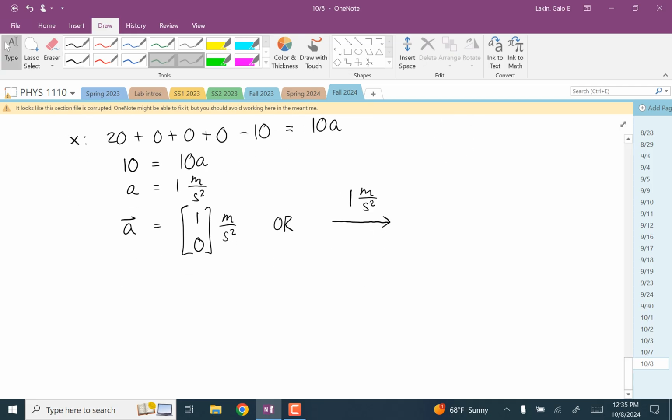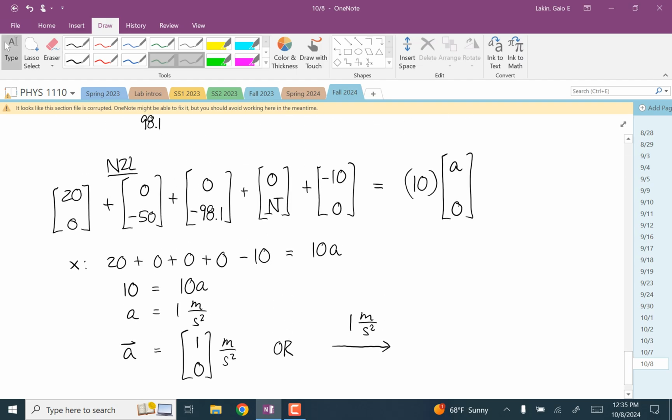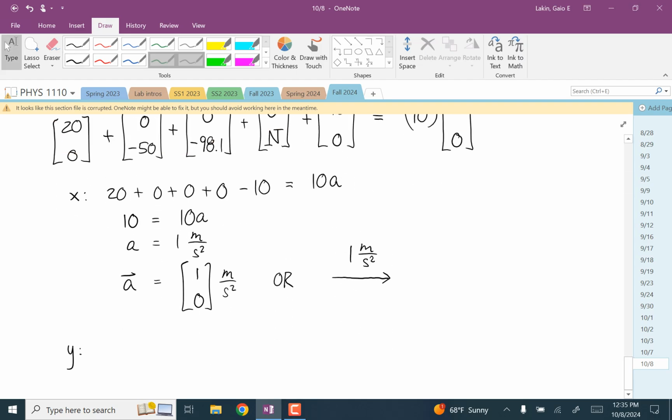So now we'll go to the second equation, the y equation. And that says 0, minus 50, minus 98.1, plus N, plus 0 is equal to 10 times 0.